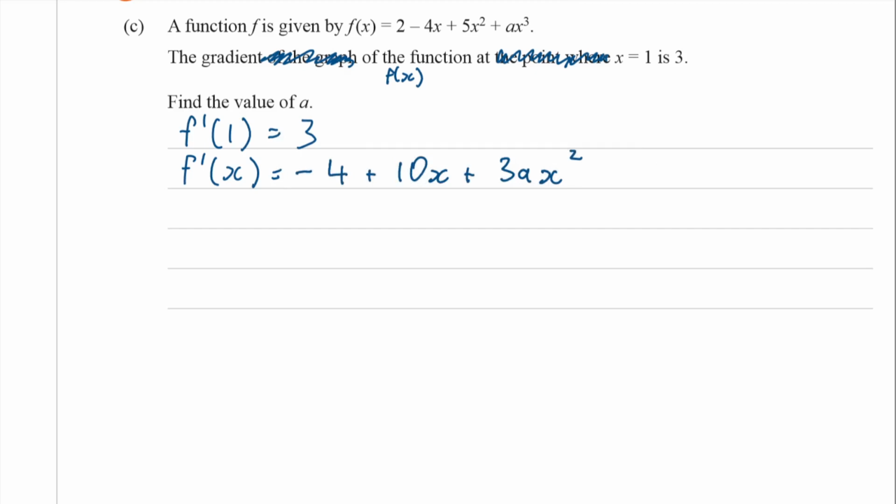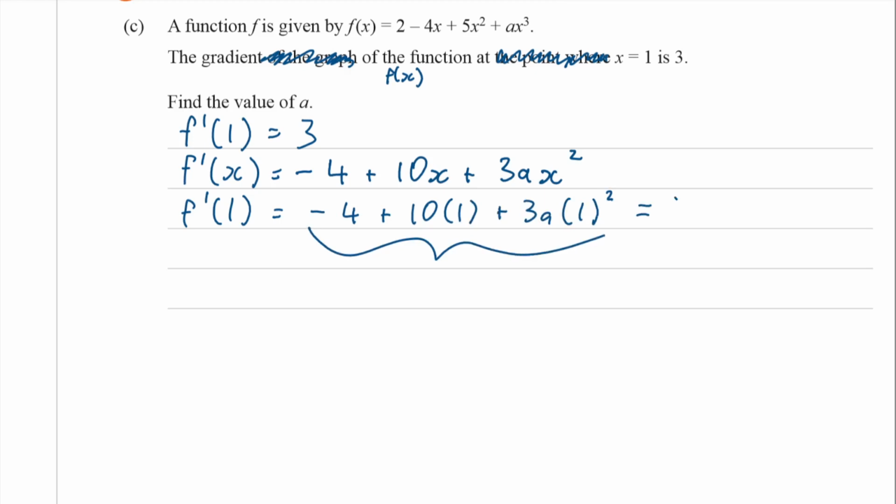All right, so we've calculated the derivative. Now we can use that information that when x is equal to 1, the gradient, in other words, this whole term, must equal 3. So negative 4 plus 10, well, we know x is equal to 1, so substituting in 1 for x, and that whole expression must equal 3, right?